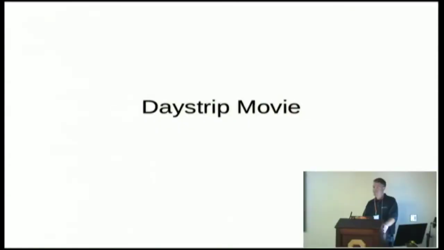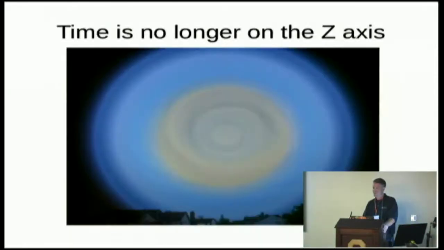All right. So we've seen time on the x-axis. What if we make time into a tunnel? I don't have the code, but I'm going to explain how I did this.